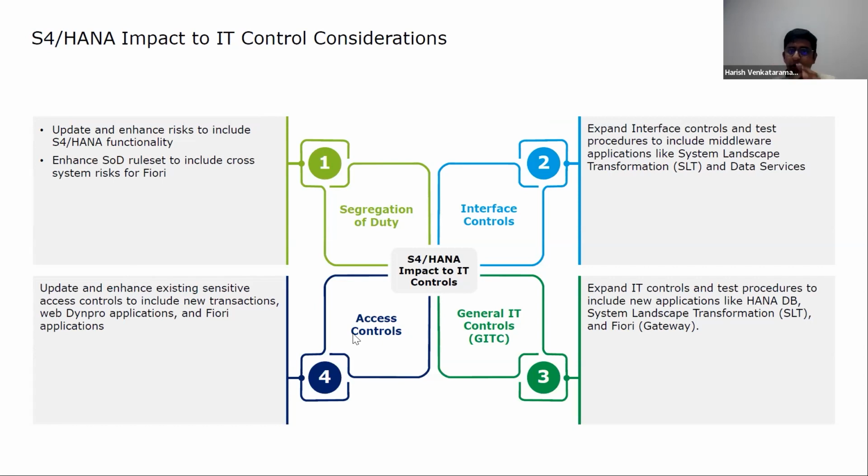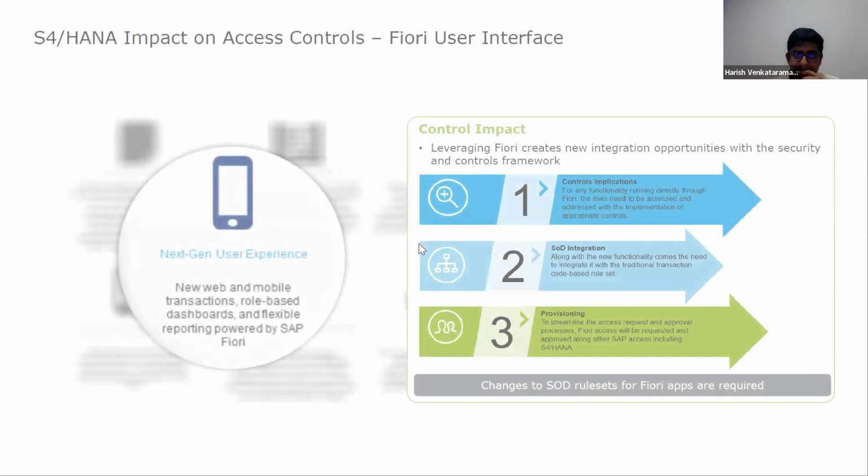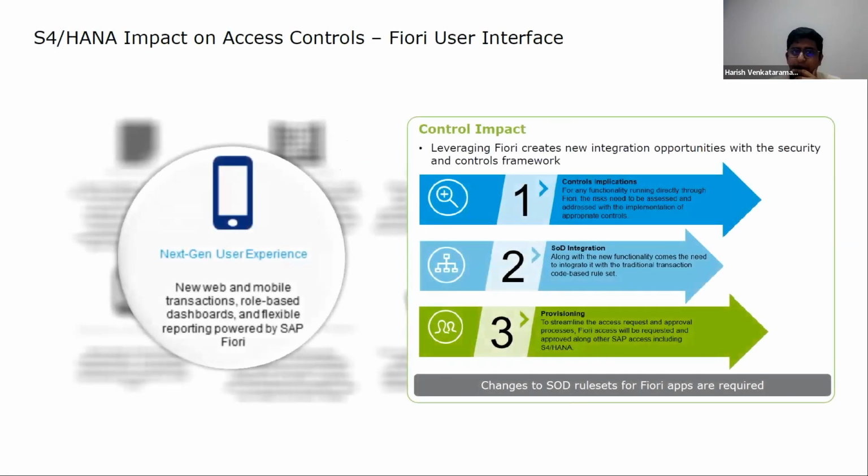Right. But this also points out very high-level controls, right? What specifically could go wrong in other systems, right? I think we discussed pretty much Fiori and control implications and SOD, and whenever the provisioning happens, that should also be taken care of, and your SOD should also incorporate such.